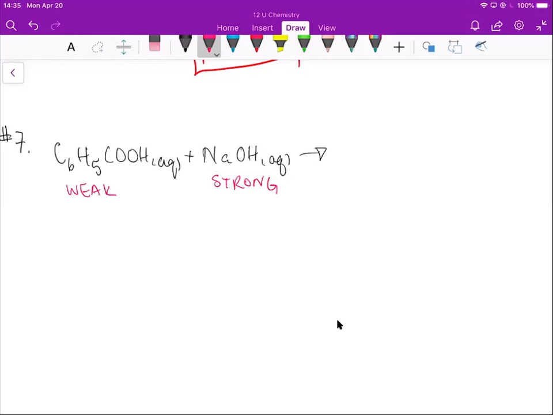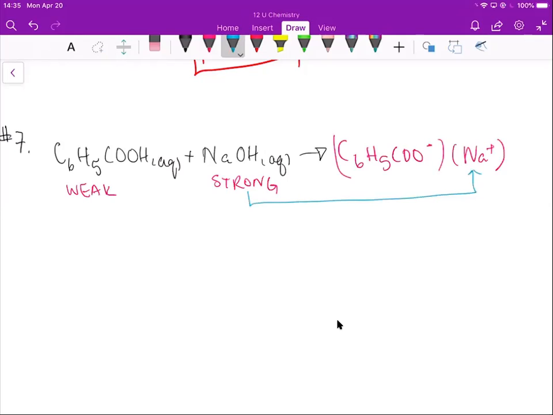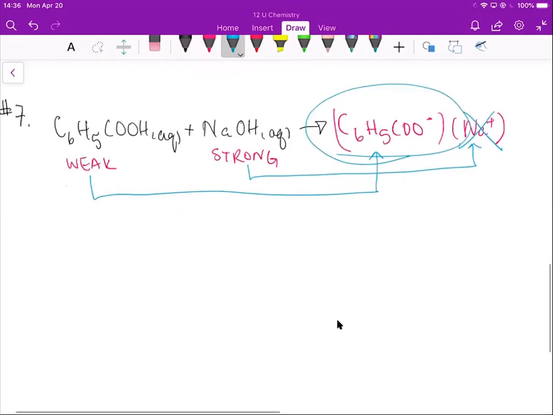So the conjugate is going to be C6H5COO minus with Na plus. Because this strong produces weak, I don't care about this, but weak produces strong, this is the species that I'm going to react with water.